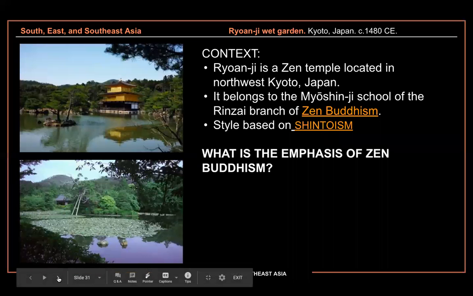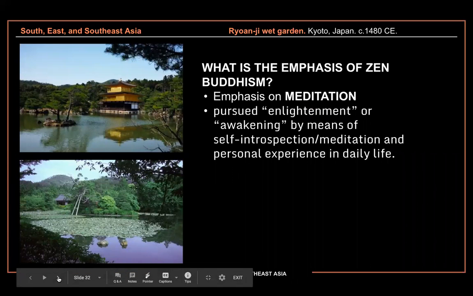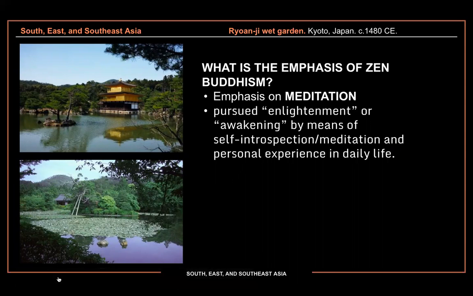This is your context. There is an emphasis on meditation and this idea that enlightenment and awakening come by means of self-introspection, meditation, and personal experience. So the construction of this complex is all based on aiding people in their meditation and their introspection.